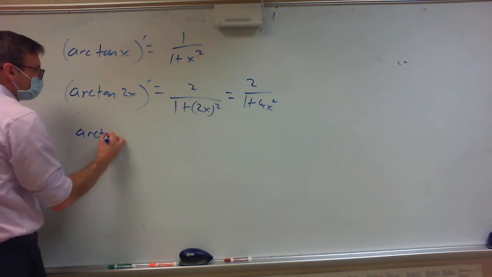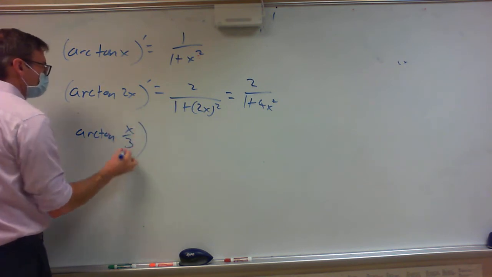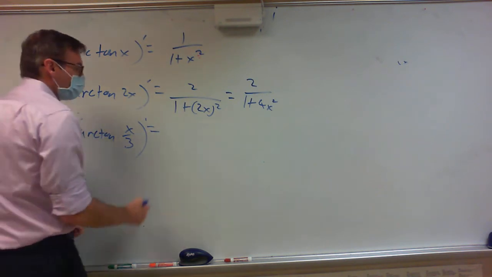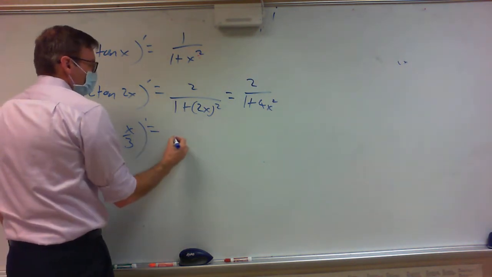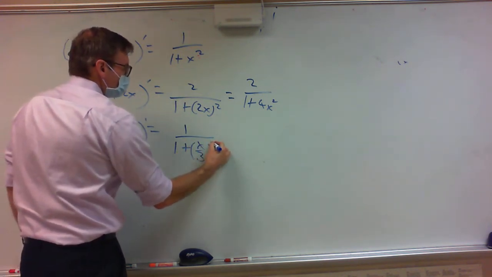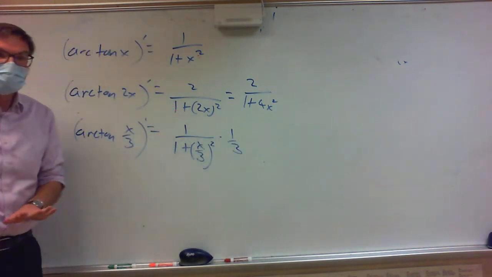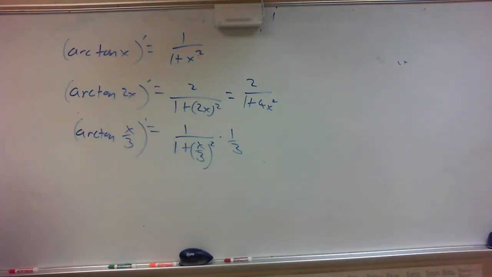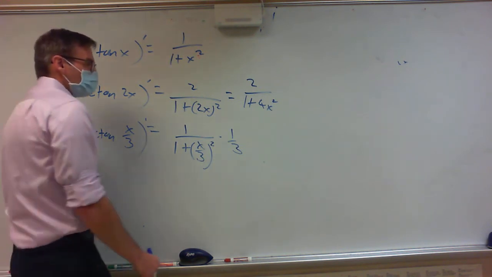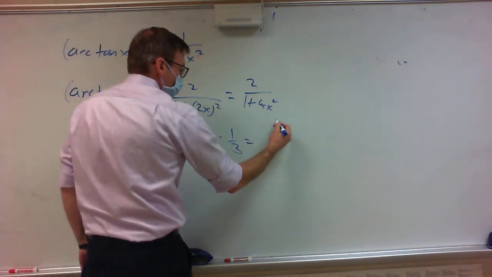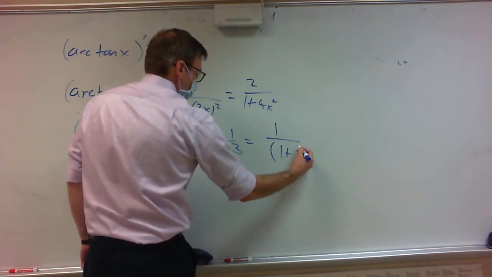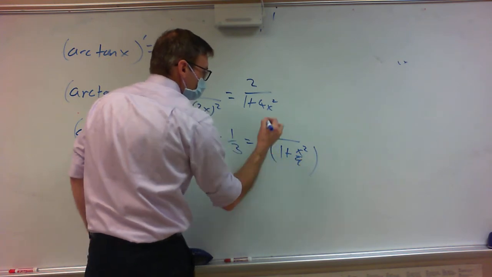All right. What about arc tan of x over 3? Same idea, right? I'm going to put a 1 on top. That's going to give us 1 plus x over 3 squared times 1/3. Same idea. Let's clean this up a bit. So if I clean this up, that's going to give me 1 over 1 plus x squared over 9, times 3.